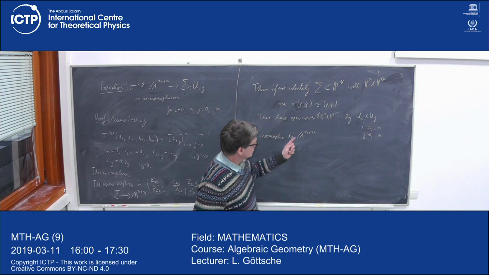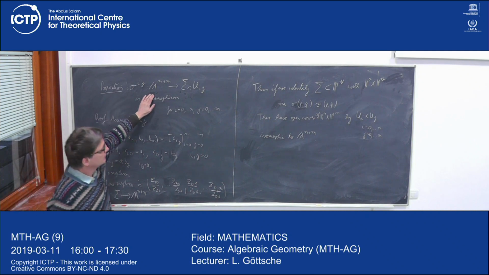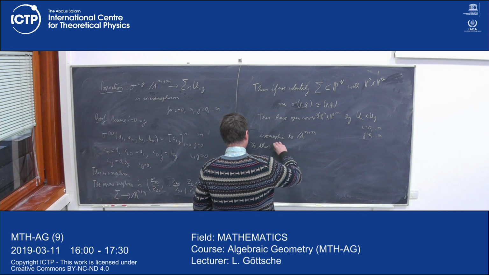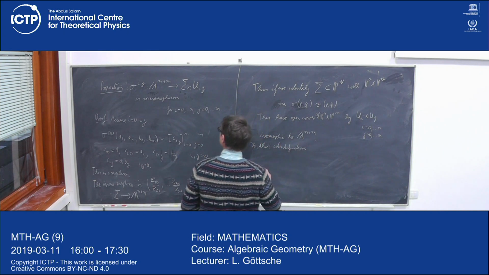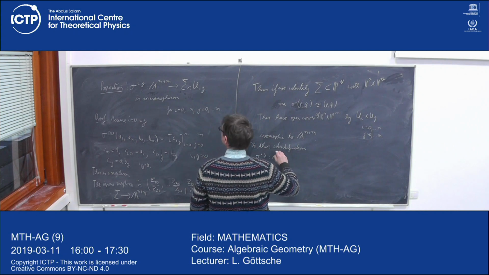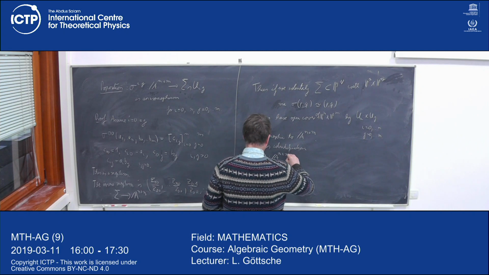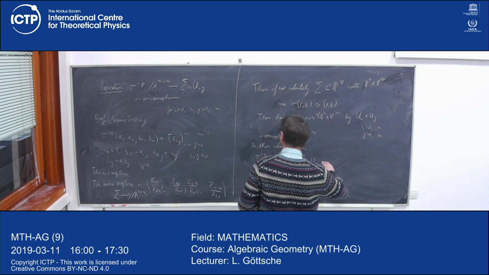And so in this identification, we have this map sigma ij from A n plus m to sigma intersected Uij.